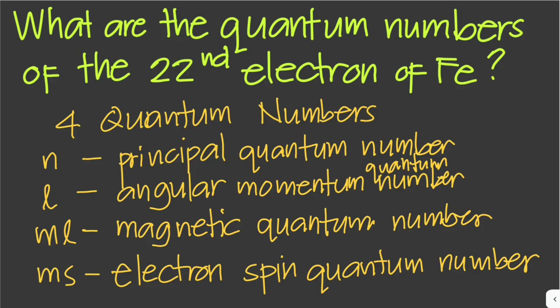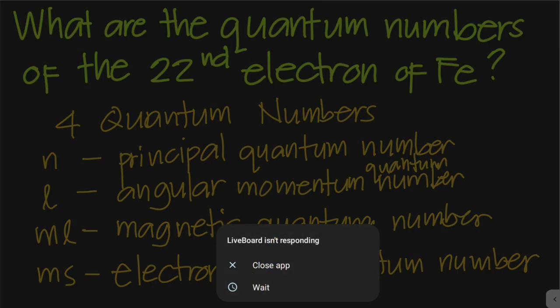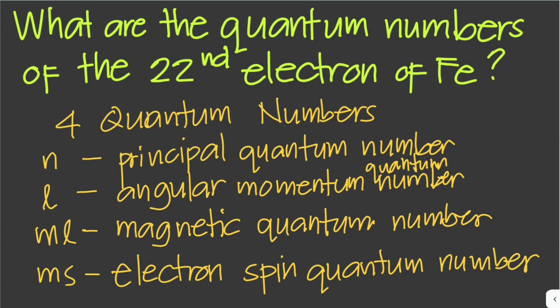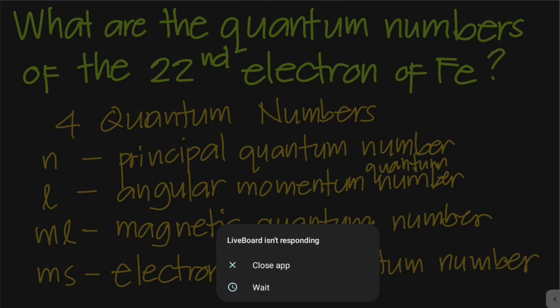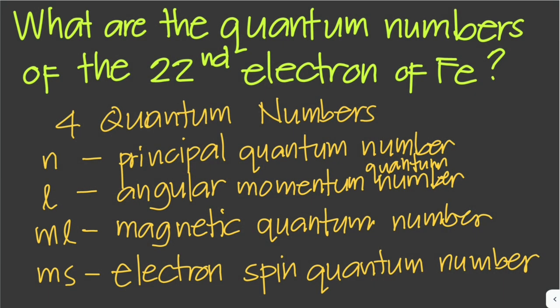This describes the orientation of the orbital that an electron is located in. And then we have the MS, or electron spin quantum number, which describes the angular momentum of a given particle or the direction of the intrinsic spinning of the electron.